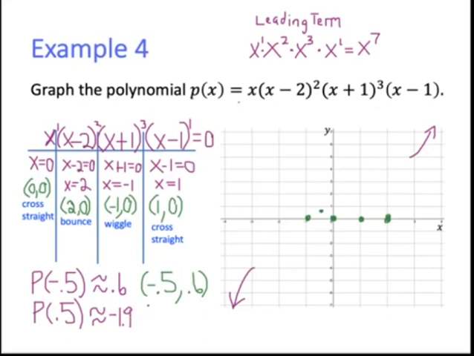So our test point has the coordinates 0.5, negative 1.9. And we'll go ahead and plot that point. It's about right here.